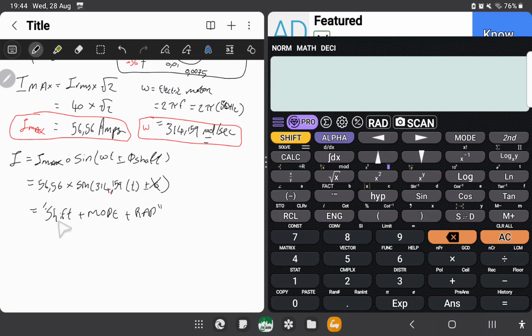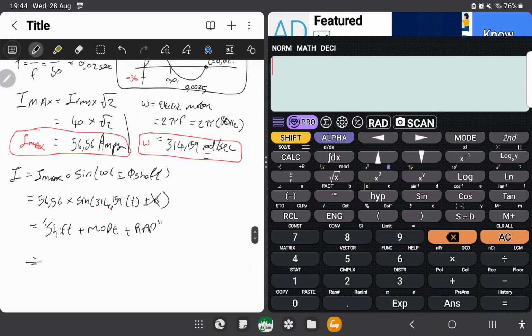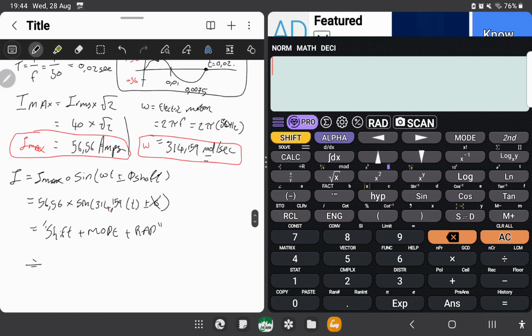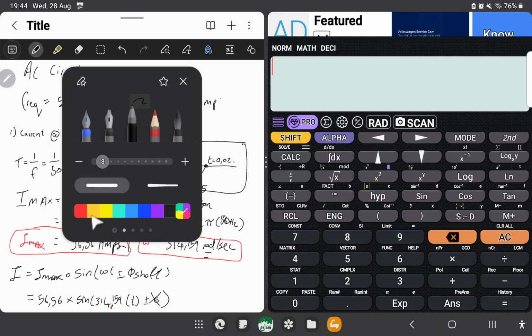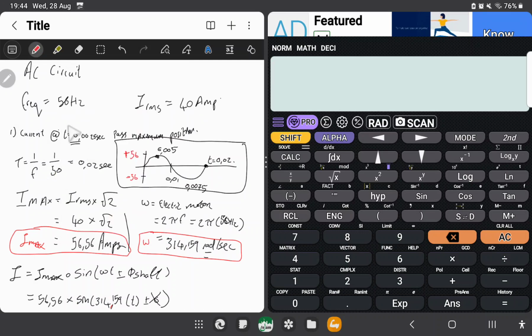Now we're going to substitute this to get an answer. So what is t? If you look over here, we can see that t at 0,025 seconds, pause, maximum position.